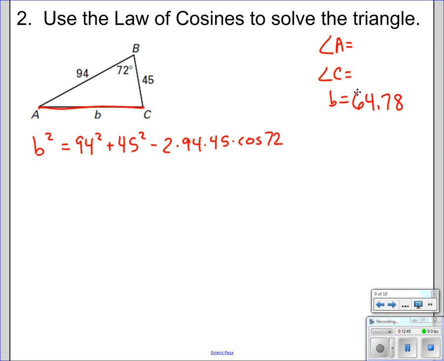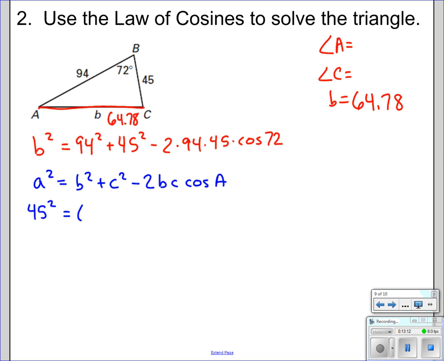Now you need to find either angle A or angle C, and you need to use the law of cosines here. So let's find angle A. A squared equals b squared plus c squared minus 2bc cosine of angle A. We know side A is 45.